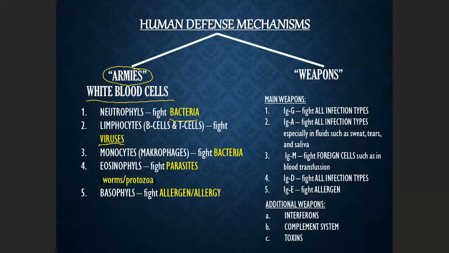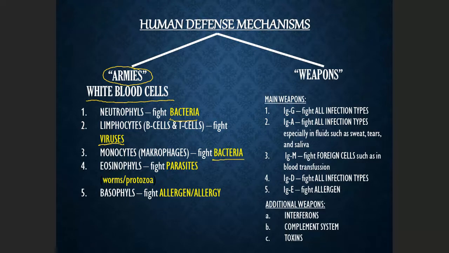And then the third type of white blood cell is called the monocyte, or sometimes macrophages, because they are very big white blood cells, and they usually also fight against bacteria.